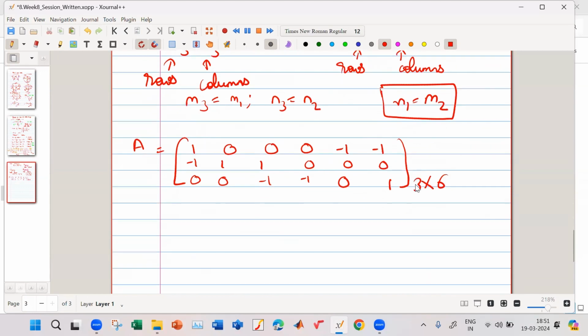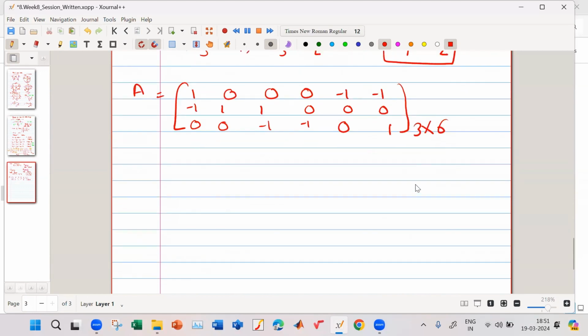So this is the thing. Now we can write it as A. This matrix A into matrix IE is this matrix 0.